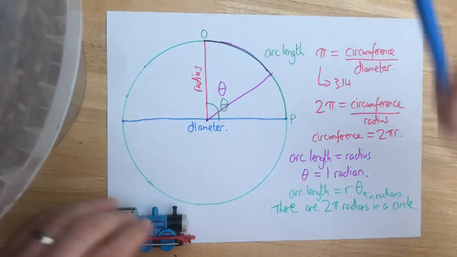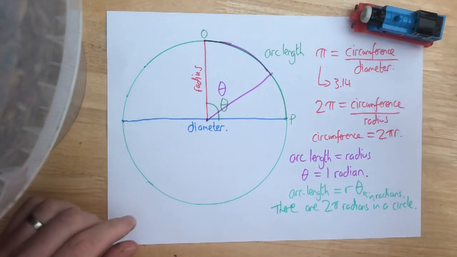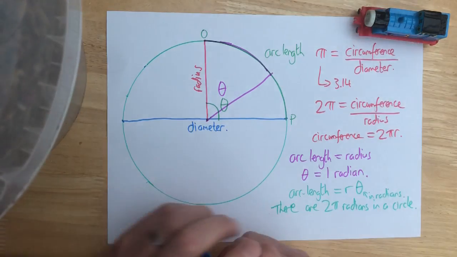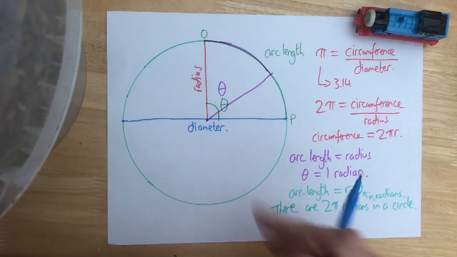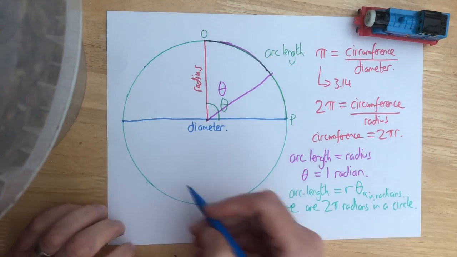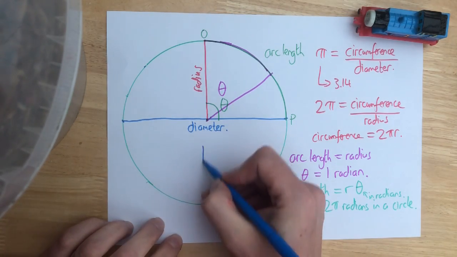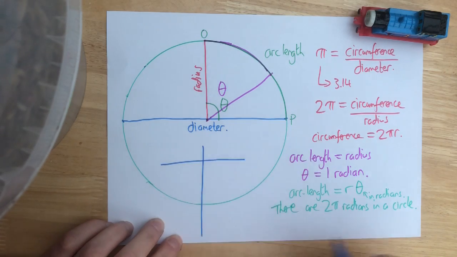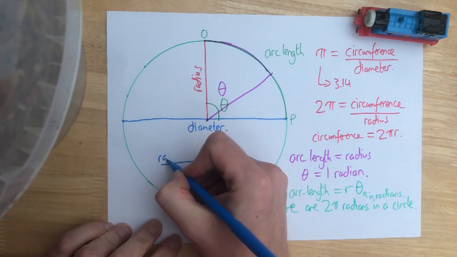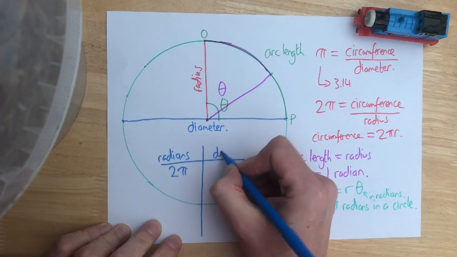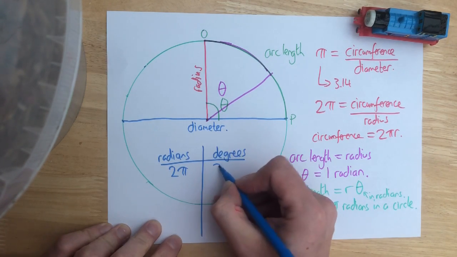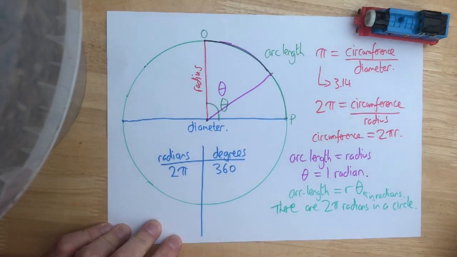Now we're just going to finish off by having a look at what the conversions are between radians and degrees. We've already said that in a full circle there are 2 pi radians and therefore 360 degrees.